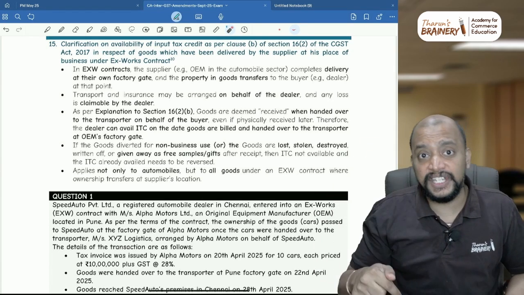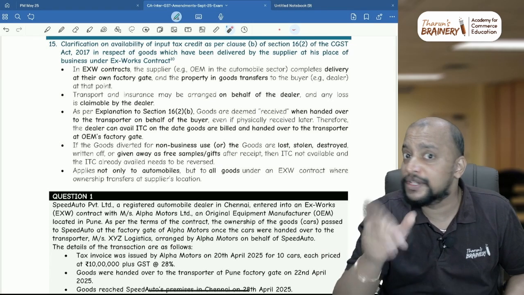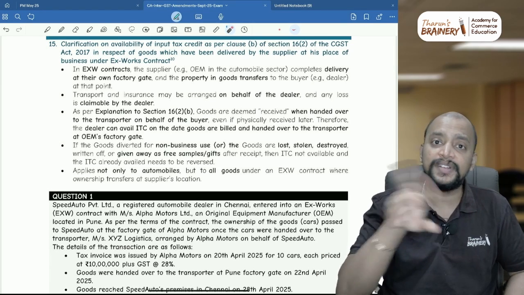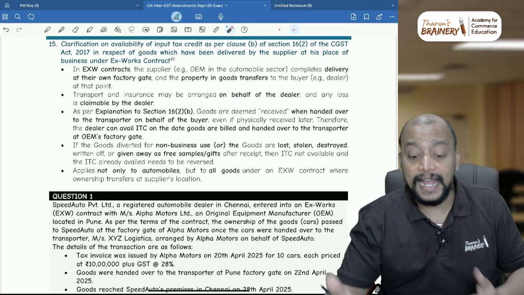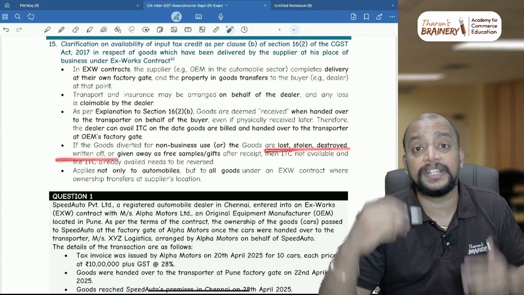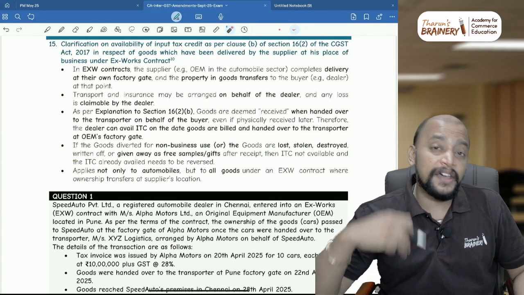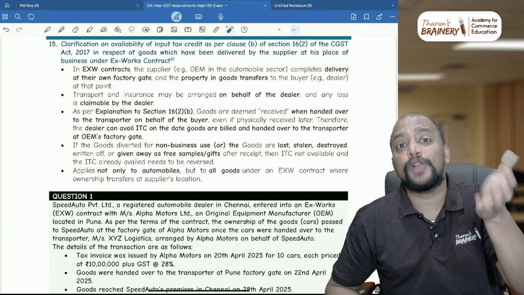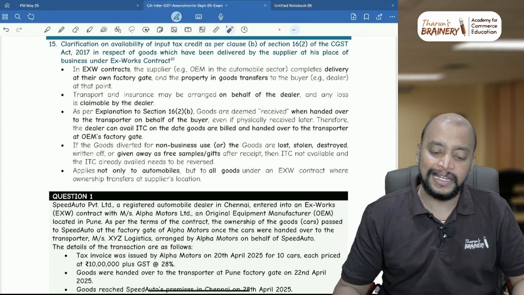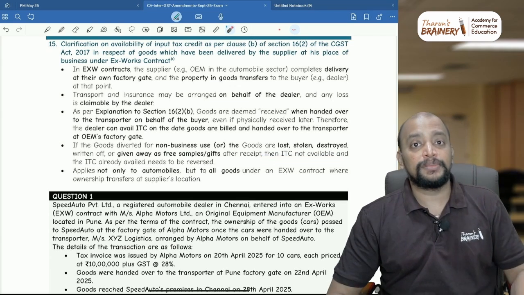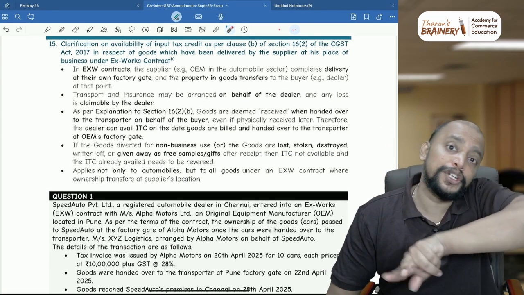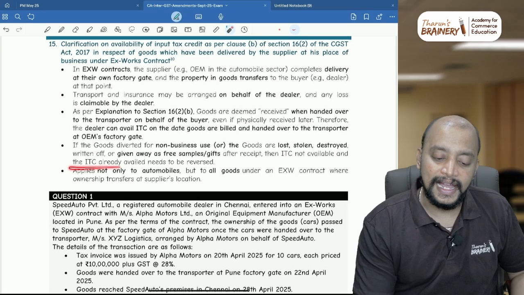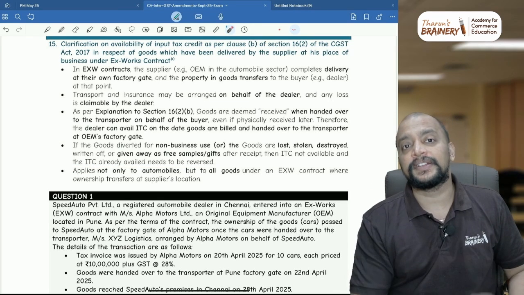Even though you can take ITC for July, since you received it for personal consumption, you should not take it. So, reverse the ITC. Or during the transit, if the goods are lost, stolen, destroyed or written off, or you have given it as free samples, all these are blocked credits now, you cannot take ITC. So, ITC is not available and if you already availed ITC, what you need to do? You need to reverse the ITC already availed.